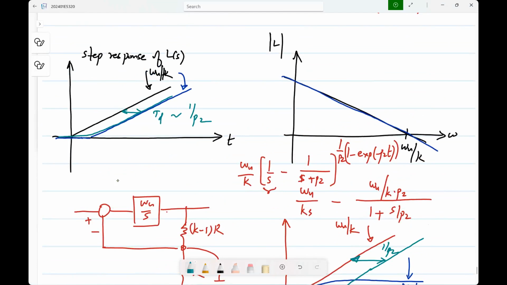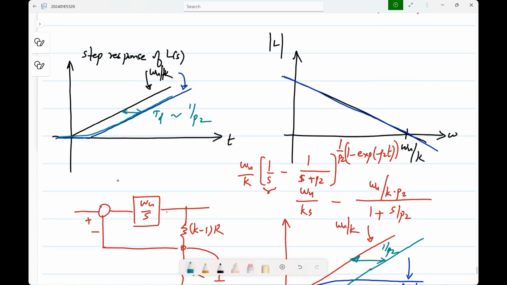Okay. So if you look at the step response of the loop gain, a pole does look like a delay. I mean, with an ideal delay, it will stay exactly at 0 and then start ramping up. Now it will stay near 0, but then smoothly ramp up. Okay. So an additional pole is like a delay.